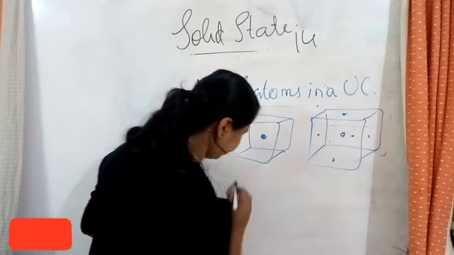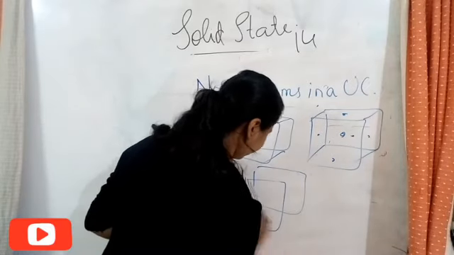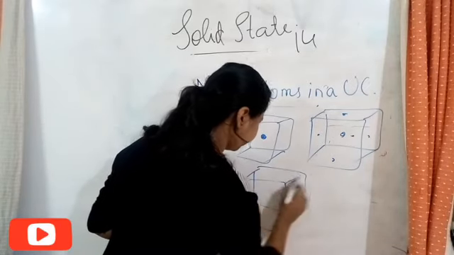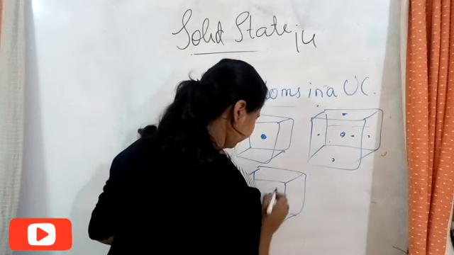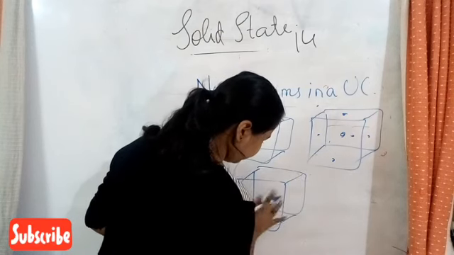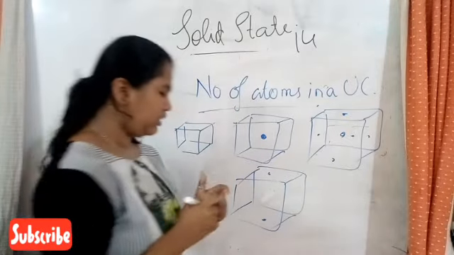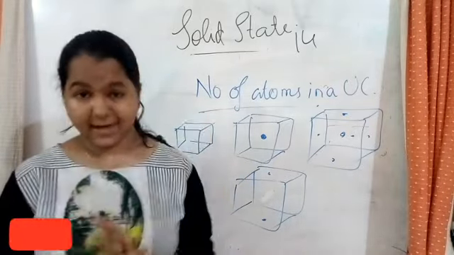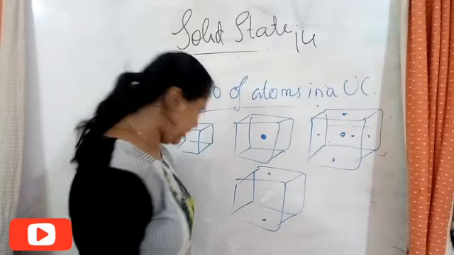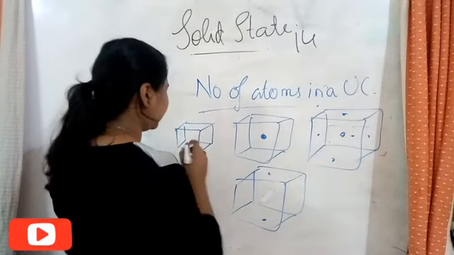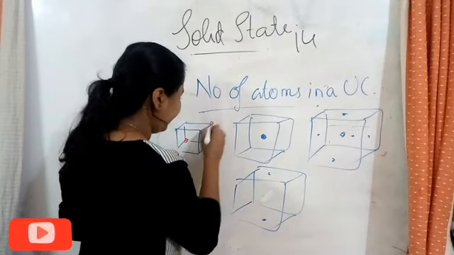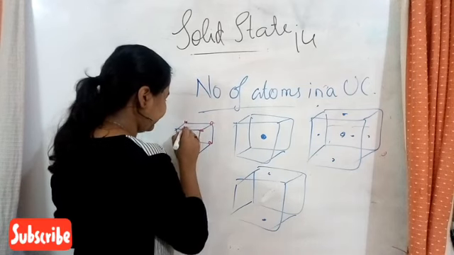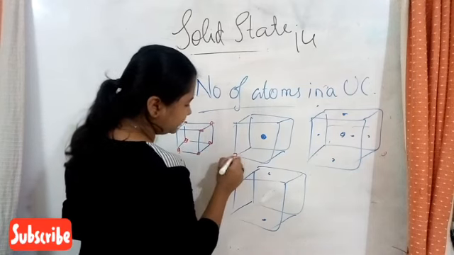End-centered cubic. Am I right? So let's see. If these are all what we have to learn, let's count the atoms. What do we know? We know that every corner has one atom each. Am I right?